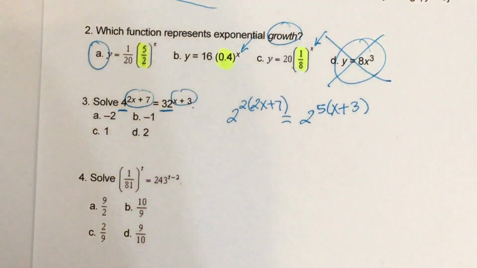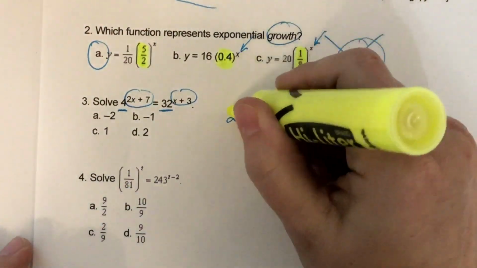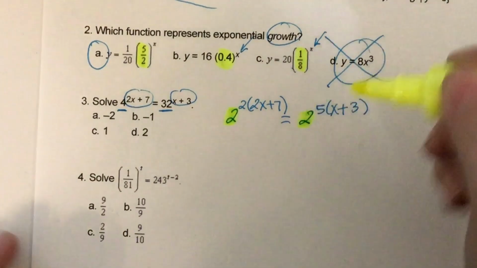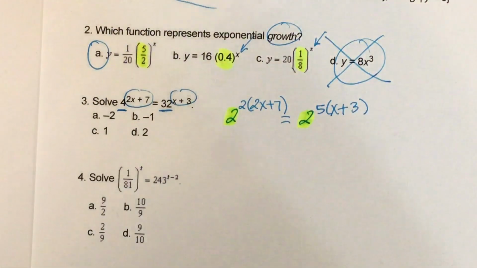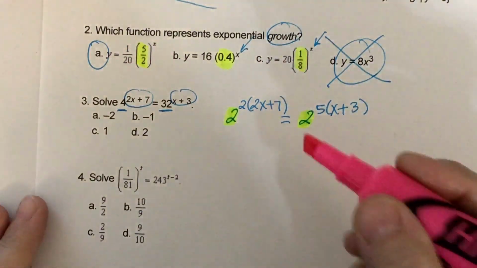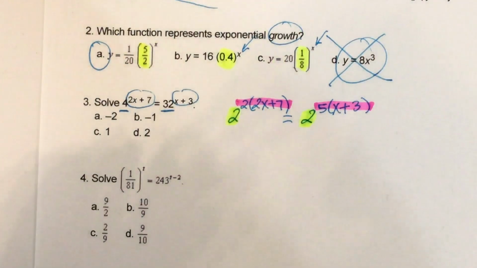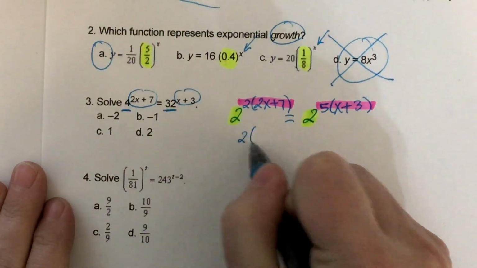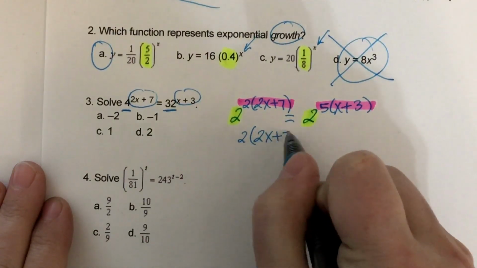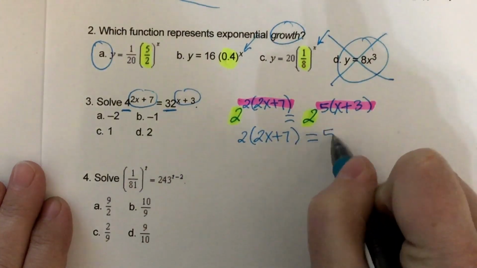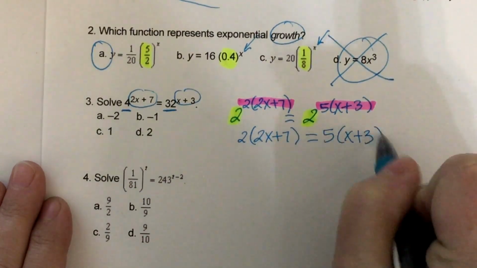The way this works is if these two bases are the same, which they are, then the two exponents have to be the same. So this exponent has to be the same thing as this exponent. My equation would be 2 times (2x + 7) equals 5 times (x + 3).